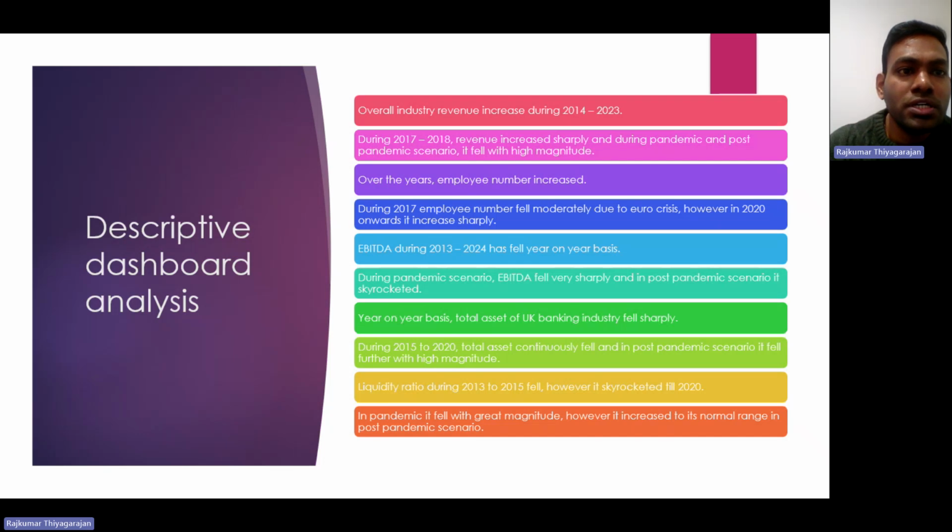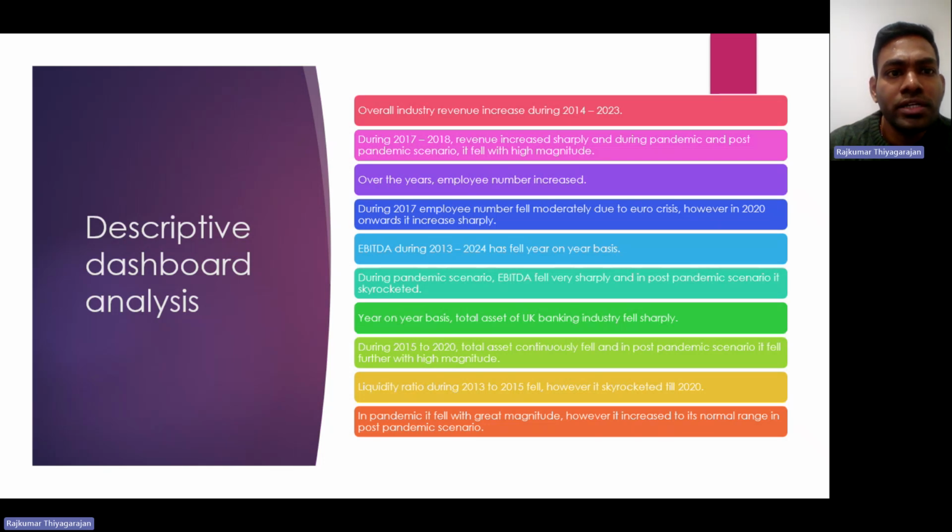Employee numbers showed a rising trend over the years despite a temporary decline in 2017 due to the Euro crisis. EBITDA exhibited a year-on-year decline until the pandemic, after which it surged.